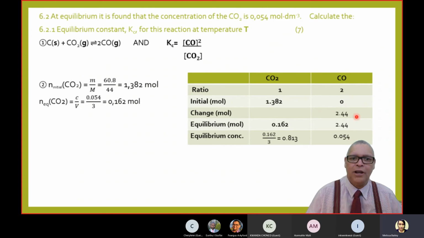We know that because 0 plus 2,44 based on the mole ratio, which one should write here, will give you 2,44 moles at equilibrium. And then here, if you take 1,382, right, and you subtract 1,22, you're going to get this answer here, 0,162. Very important. So here we have all our values for our rice table nicely set up.